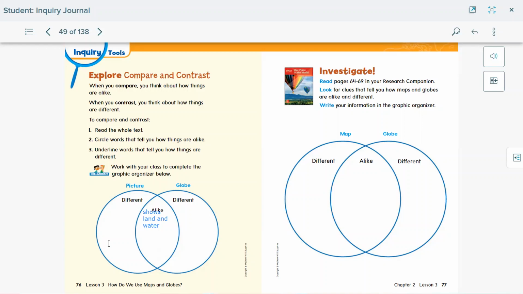All right, in which part is the picture different from the globe? As we see, if you go back to the picture, we can see clouds, right?